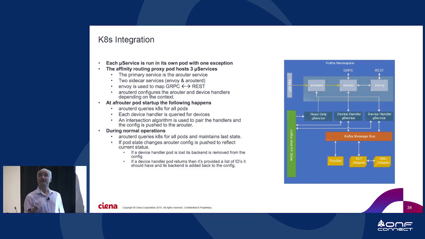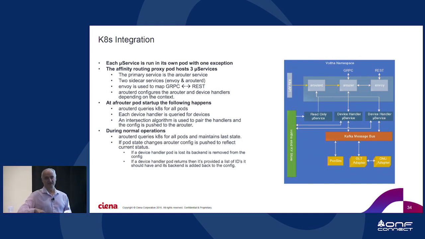The intent behind round robin is mostly for load leveling, and affinity is to make sure that you're actually distributing, and specifically for the device handler, because they keep all the devices that they're managing loaded in memory at all times, right? So you want to distribute that evenly across your cluster. You don't want one device handler having all the devices. So round robin ensures that every time a request comes down that's not already established, it goes to the next guy and then the next guy.